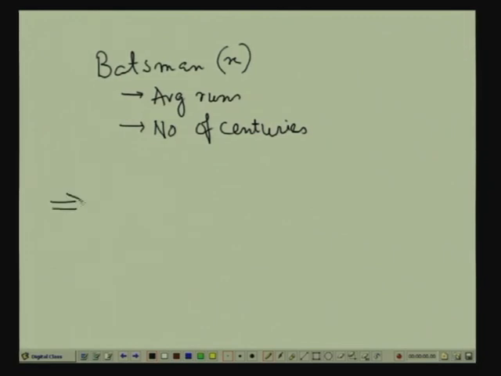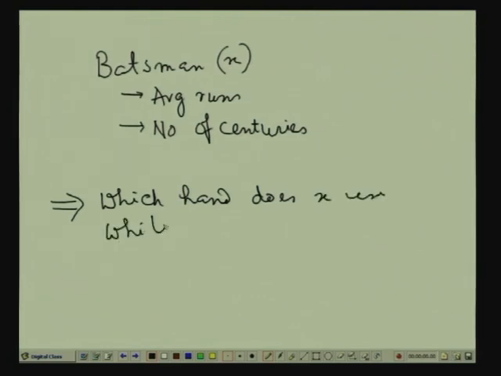Now, all of a sudden a query comes: which hand does X use while batting? Normally, given these facts, I will not be able to answer this question because I do not have that information.